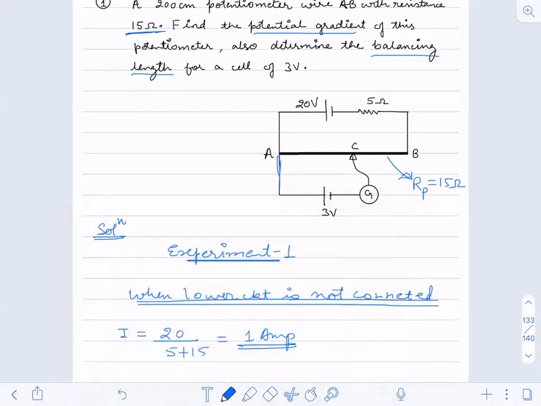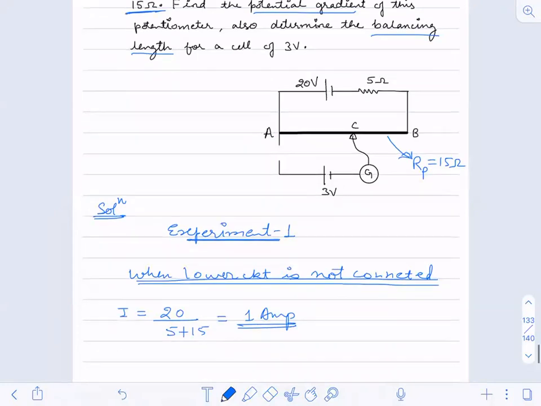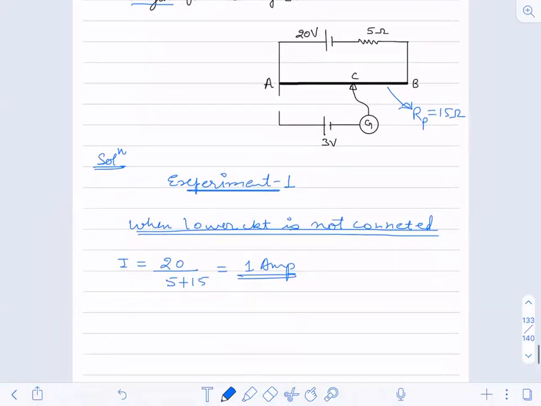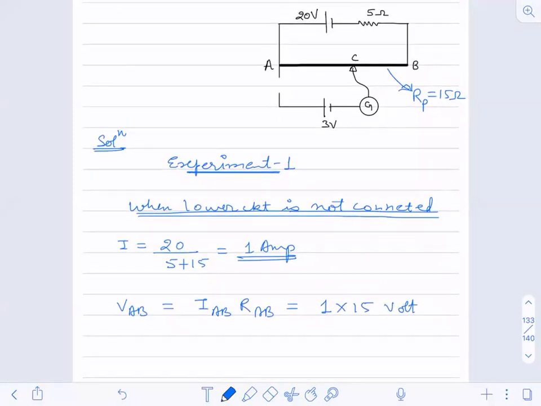Now we can calculate the potential gradient here. The potential drop across AB is the current flowing through AB times the resistance of AB. The current is 1 ampere and the resistance is 15 ohms, so 15 volt is the potential drop. Potential drop per unit length is the potential gradient, lambda, which they are asking.